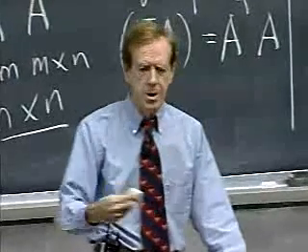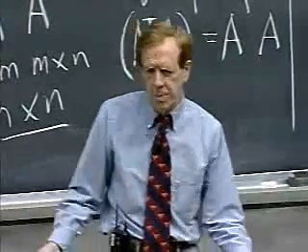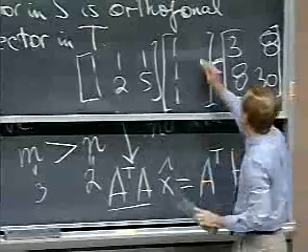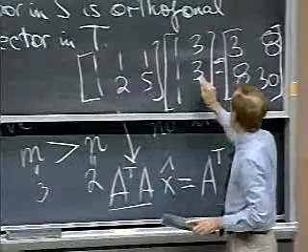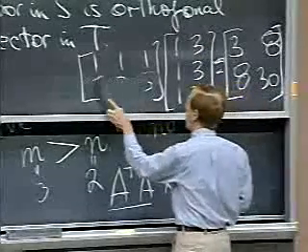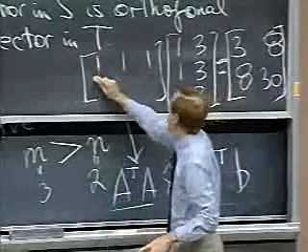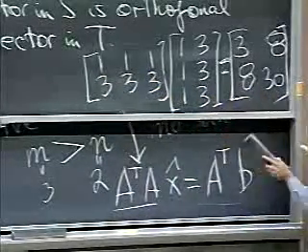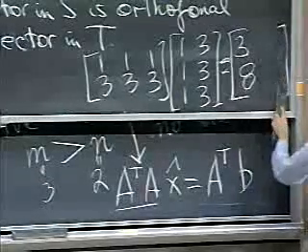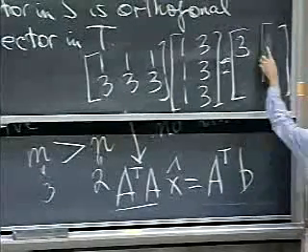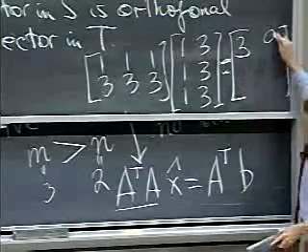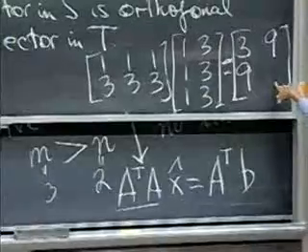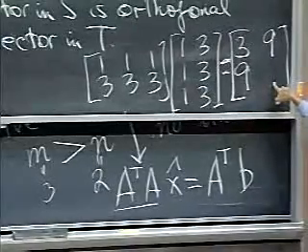Well, it could even be the 0 matrix, but that's an extreme case. Suppose I change to that A, with rank 1. Now I figure out A transpose A again, and I get 9, of course, and here I get 27.